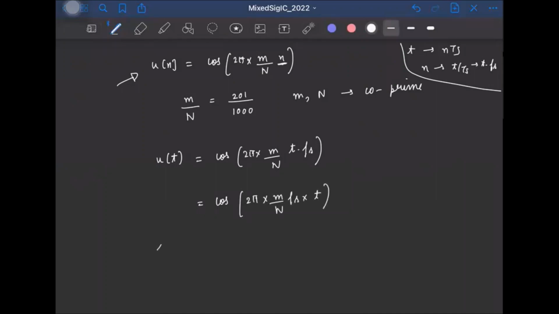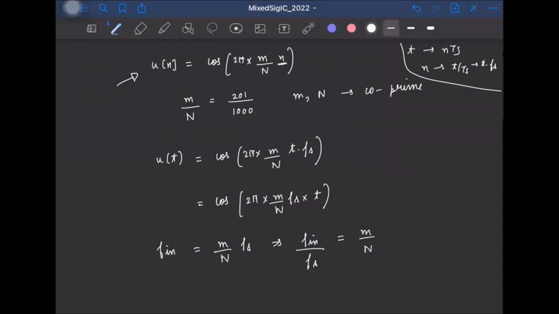Okay, so what is the equivalent continuous time frequency? It is m by n times fs. In other words, the ratio of the input frequency to the sampling frequency must be of the form m by n, where m and n are co-prime.